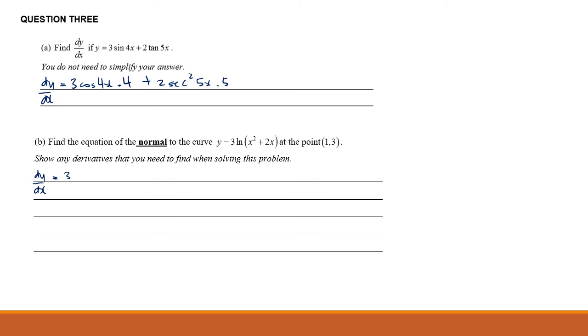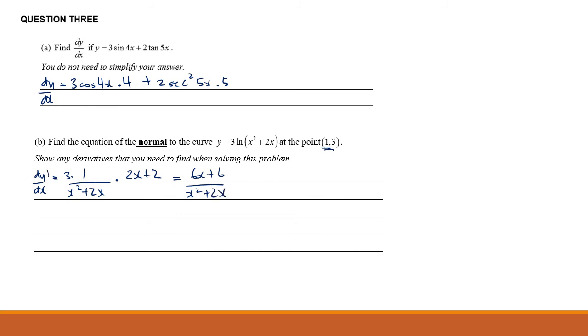That's going to be 3 lots of 1 over x squared plus 2x times the derivative, which is 2x plus 2. So simplifying this one makes it easy later on, because I'm going to try and substitute that point in. So that's going to be 3 lots of 2x plus 2, so it's going to be 6x plus 6 over x squared plus 2x.